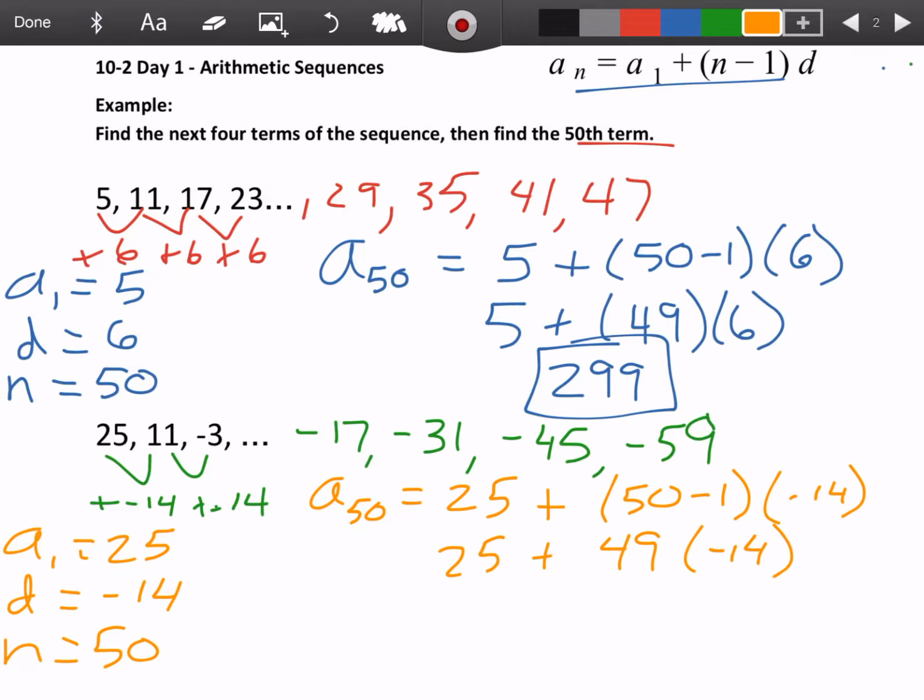You can plug that into a calculator. What you should get out is negative 661. So obviously this example is an example of them going down, starting at 25 and then decreasing by 14 each time. And if we were to keep going, that 50th term would be negative 661.